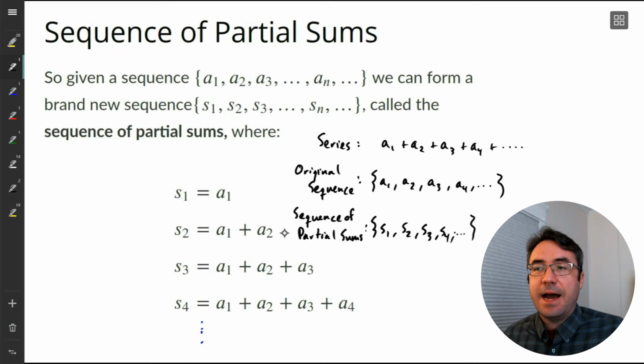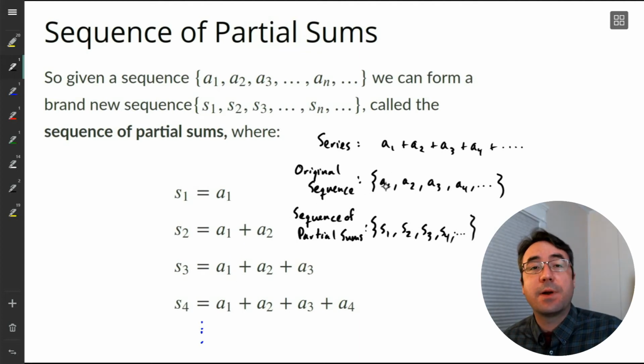And how we're actually going to calculate the sum of this series is by looking at the sequence of partial sums. This is a brand new sequence: S1, S2, S3, S4, and we can find each of those by adding progressively more and more of the terms from our original sequence. So there are these three things floating around when we talk about partial sums and series.